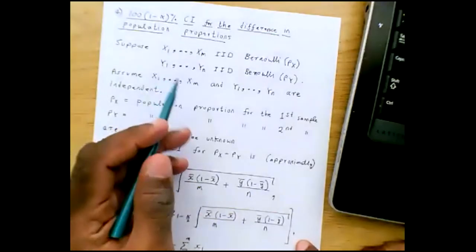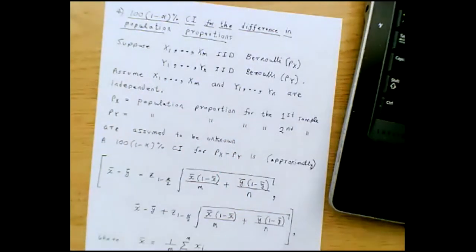This kind of confidence interval is useful because if you take the example of smoking, which I talked about earlier, if you look at the proportion of people who smoke in the UK who are male and the proportion of people who smoke in the UK who are female, and you want to compare how the proportion of smoking differs with respect to gender.